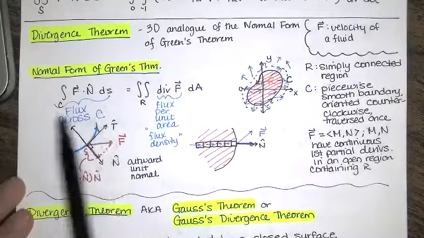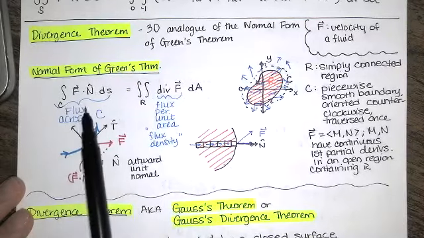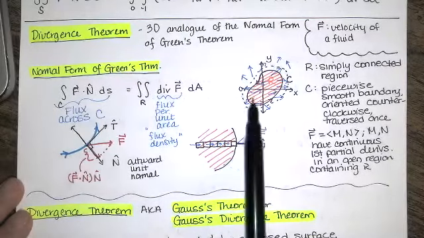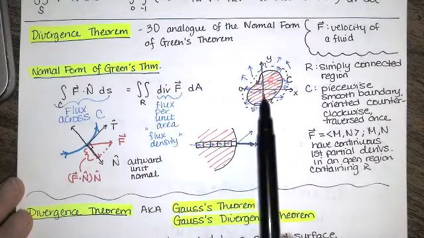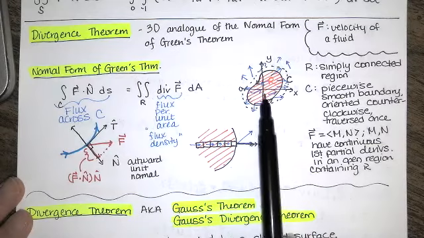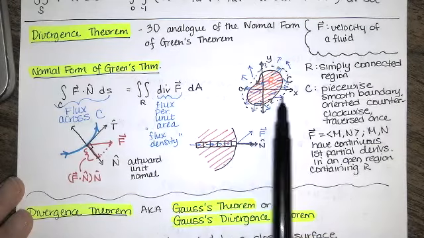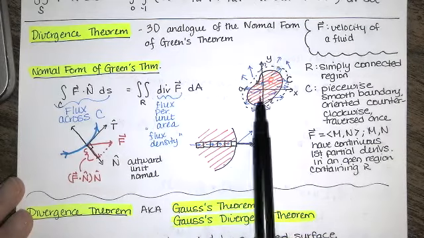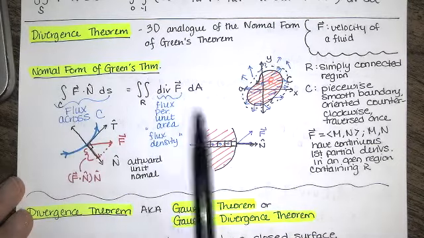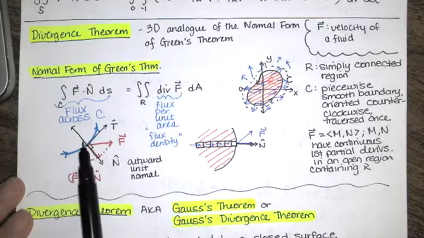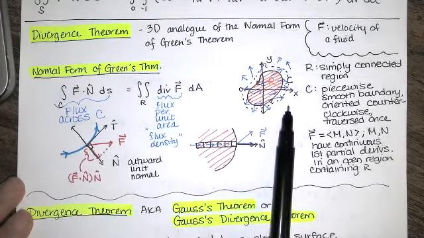And that's what that left-hand side of that equation represents. It's that net amount of fluid going in versus fluid going out. It's a measure of how much is going in versus out. Okay, that's flux across C. And we're counting it as positive when it goes out.